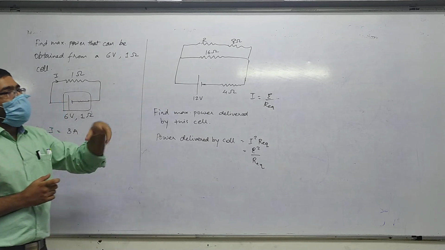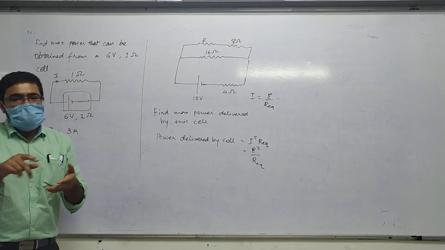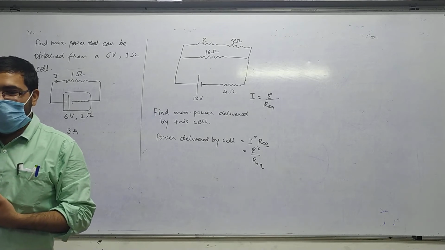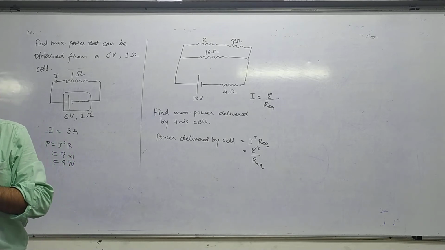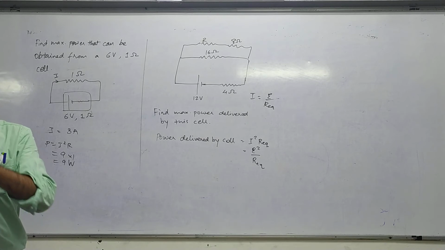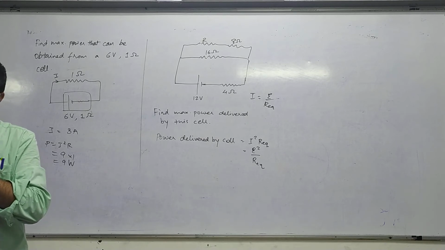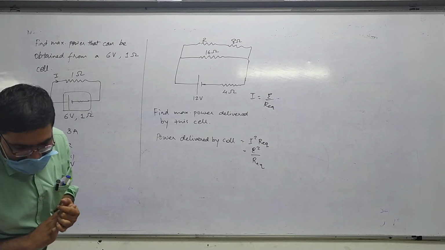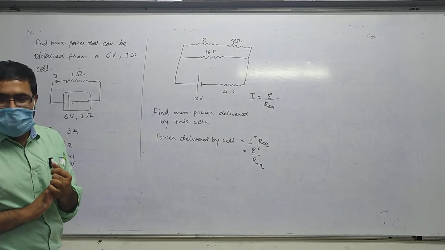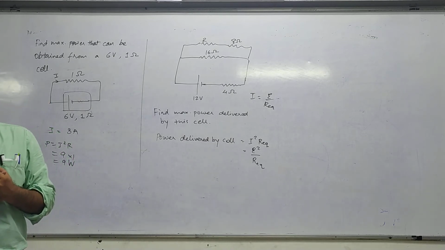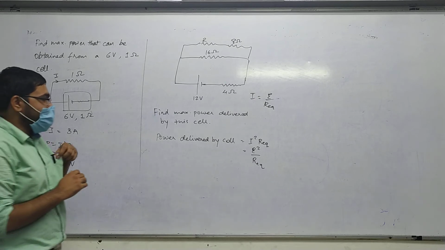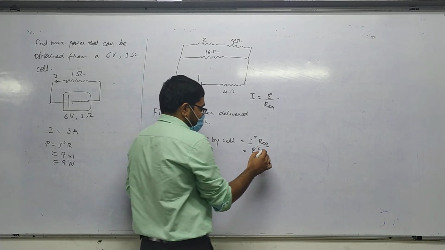16 by 3 plus 4 is 28 by 3, 12 upon 28 by 3 is 36 by 28. I forgot to square.